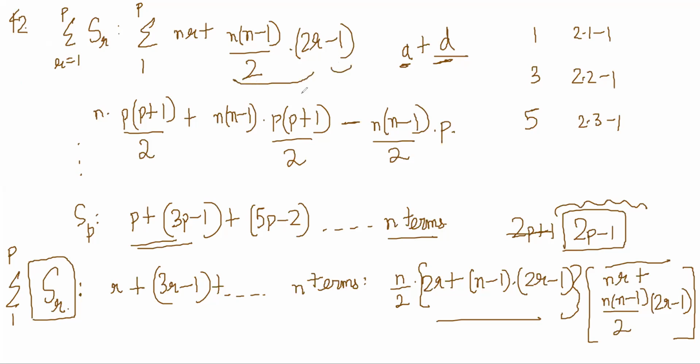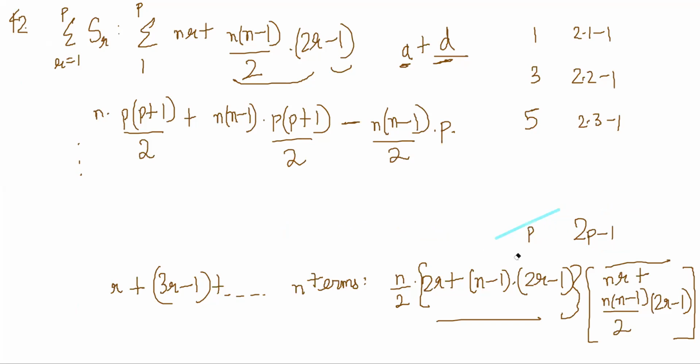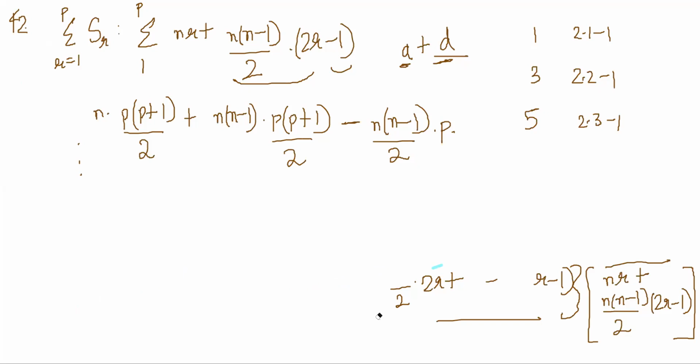Now it is about making sure that you don't make mistakes while taking common and simplifying. From all of them, I can take p by 2 common and then simplify.